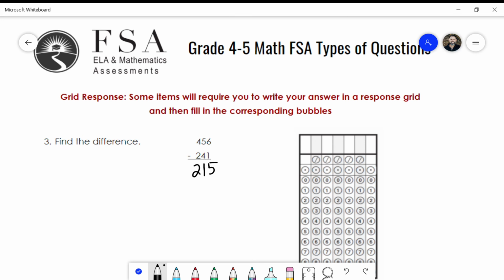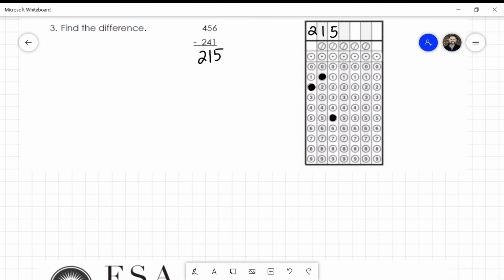We're going to plug that into our grid response, starting from the left-hand side and working your way to the right. I write 215, and then I go down each column and bubble it in: 2, 1, and 5. In this case, there are no symbols, so you just fill that in and leave the rest alone.